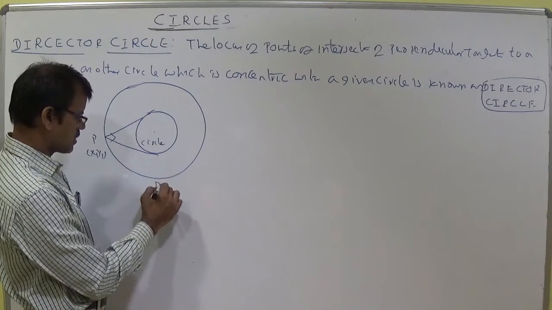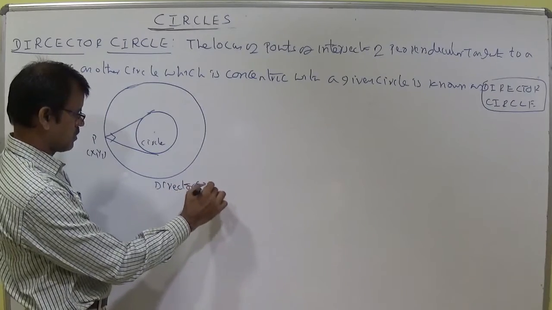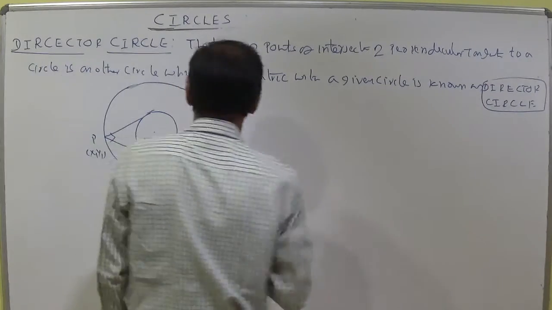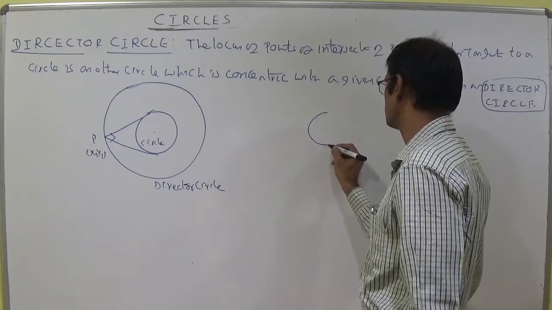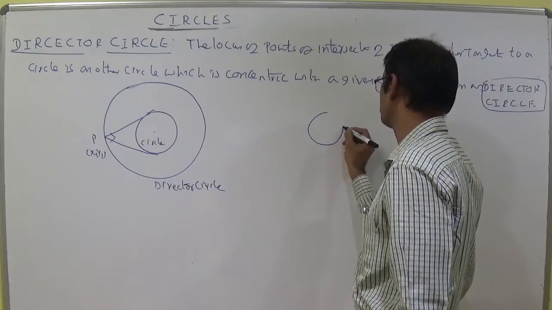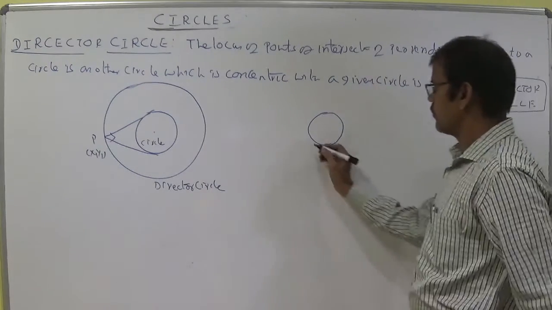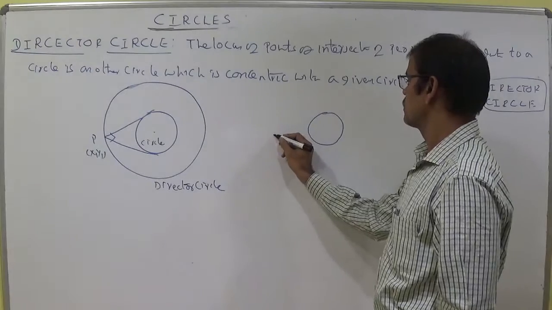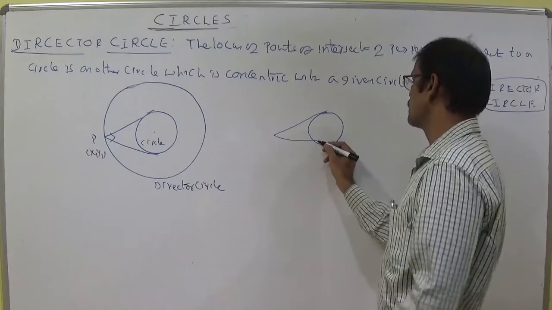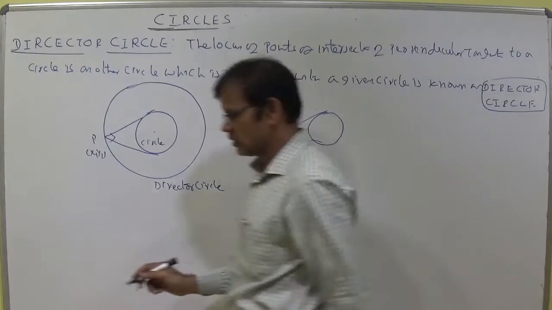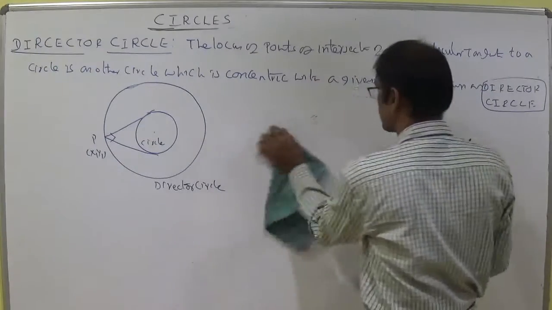This is the director circle. So you can understand this one as, a circle is there. For the circle, two tangents are drawn. You can take the external point anywhere. The locus of points of intersection of perpendicular tangents.